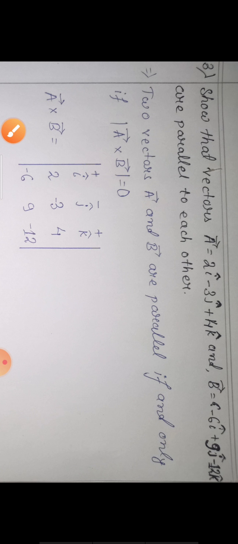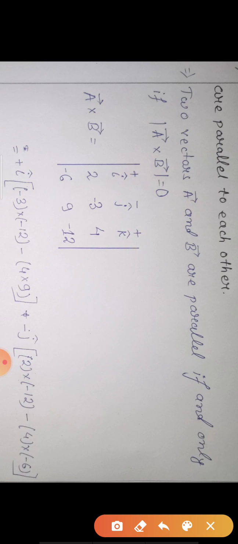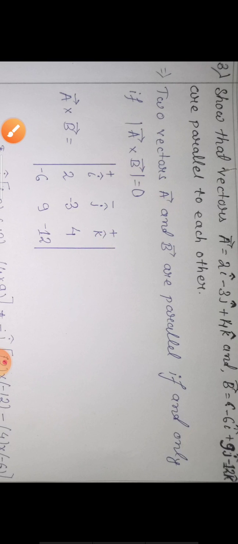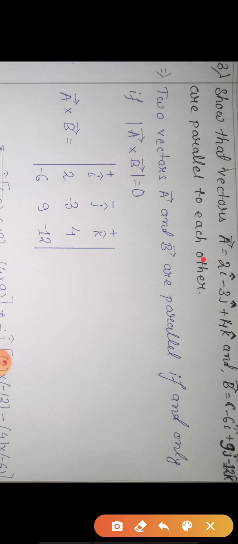So what you have to do is write i hat, j hat and k hat in order. Just remember i hat is positive, j hat is negative and k hat is positive. Now put the values of the a vector: with i hat you have 2, with j hat you have minus 3, and with k hat you have 4.